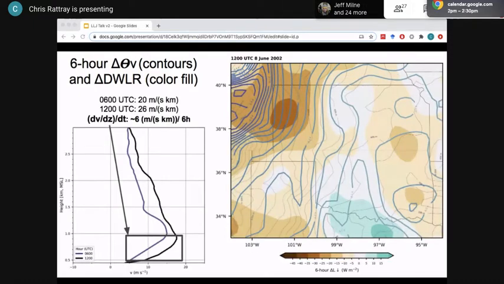And looking at the wind profile, we see that it actually had a 6 meter per second per kilometer change up until 1 kilometer above sea level. And again, this is what we might expect with also the IO mechanism increasing the winds as well.